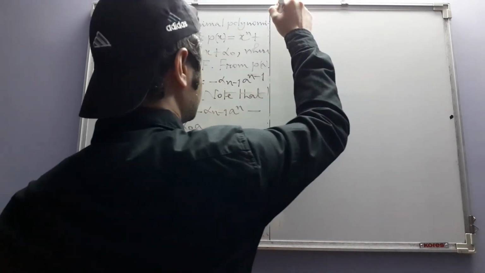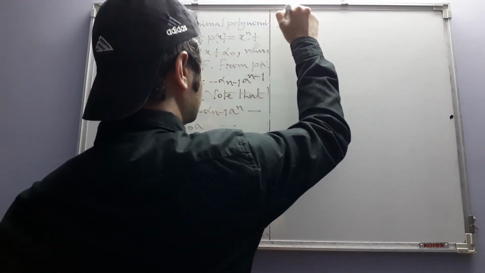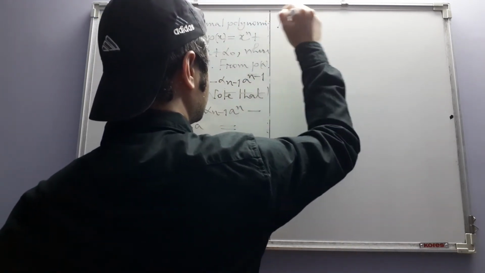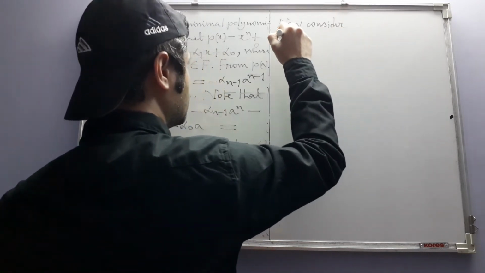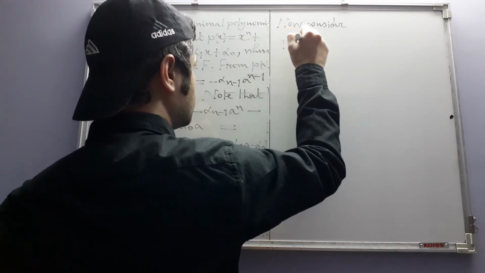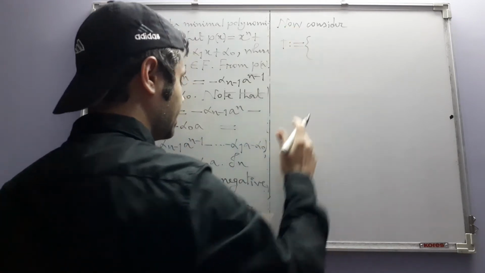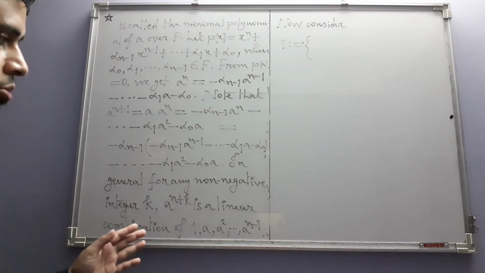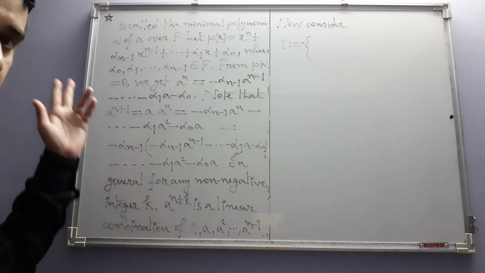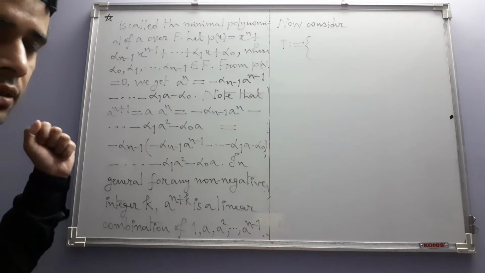Okay, now consider a set T. It's actually that T that we were mentioning while saying that capital U is a field.